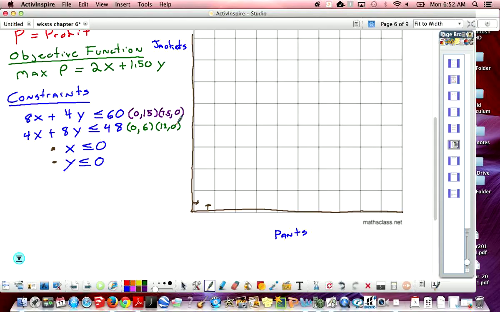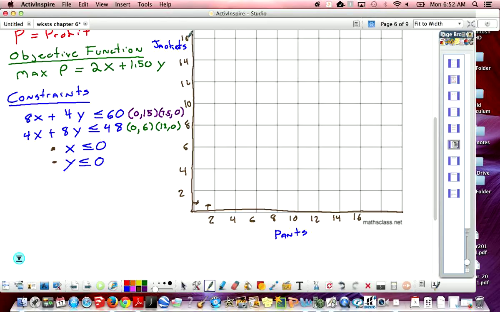So let me go back here to my different color. Go 2, 4, 6, 8, 10, 12, 14, 16. That should be enough.